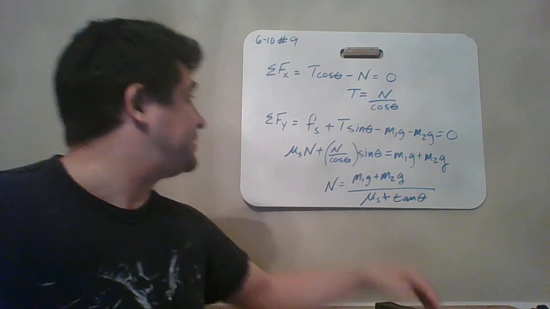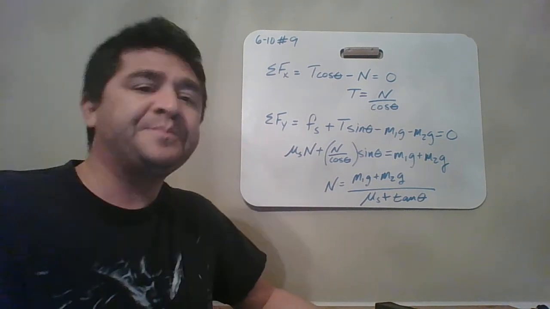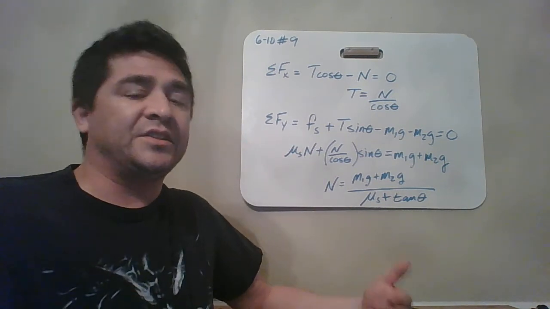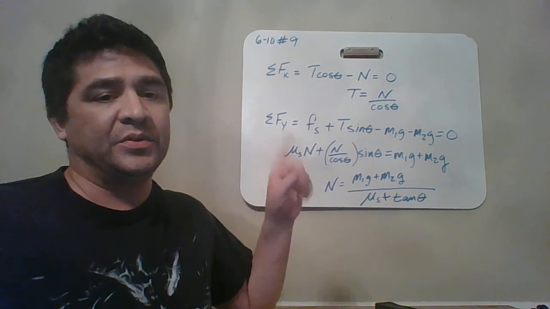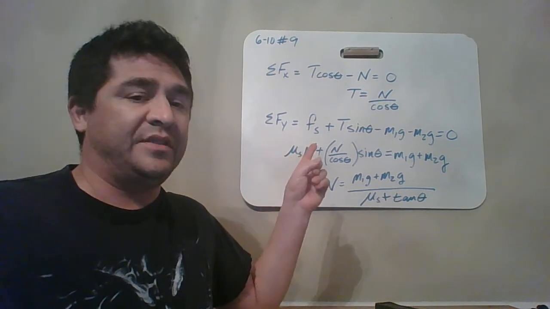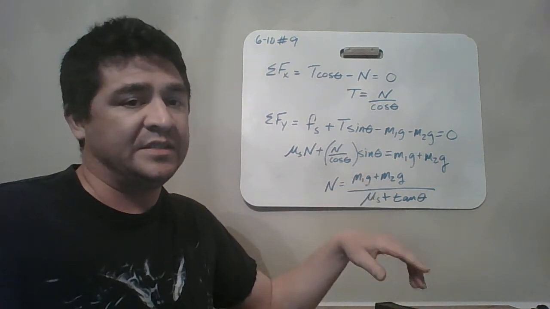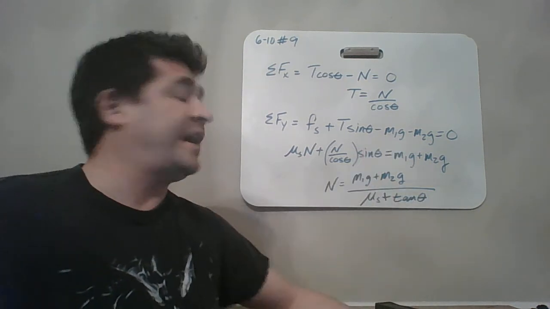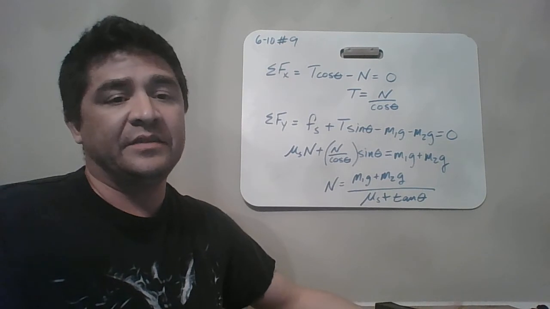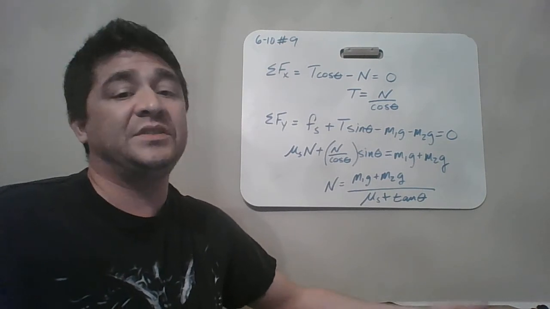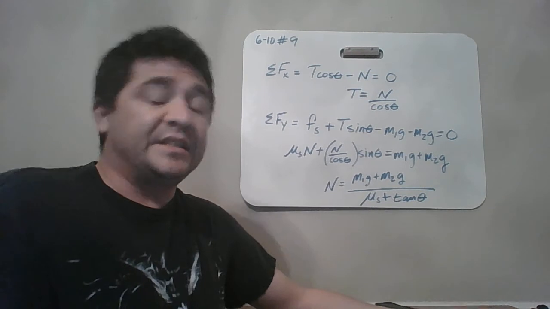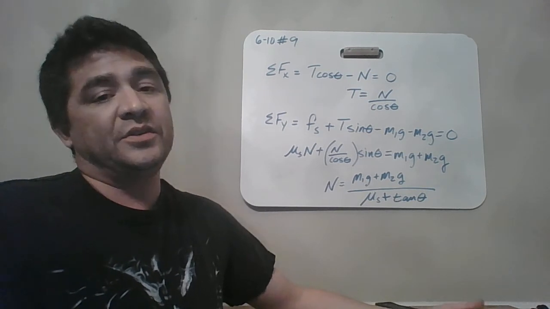So last thing we can do is write down our sum of forces in the Y. We got our static frictional force acting up, holding it up. We also have the vertical component of the tension, T sine theta, acting up, positive, and then the two weights acting down, both negative, and then those all got to add up to 0. So it seems like if we have 4 unknowns, we need a fourth equation.